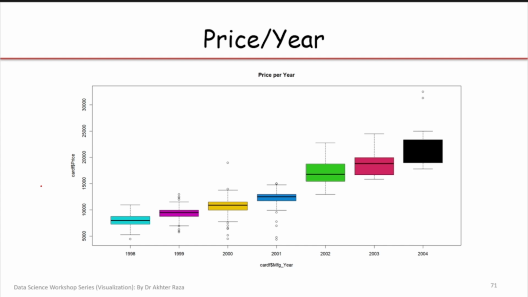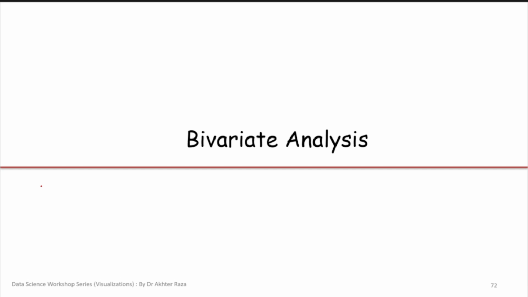This was the element of identifying the graph for one variable. From the next slide, I want to describe the analysis referred to as bivariate analysis, in which two variables at a time will be used for the purpose of the graph.